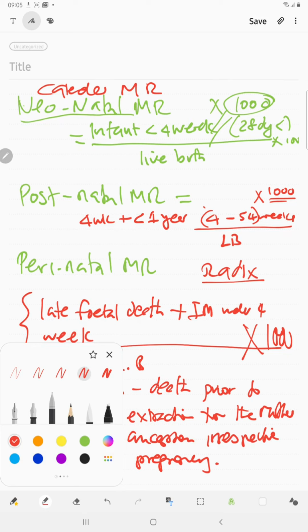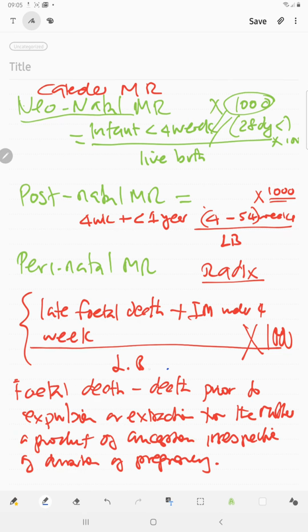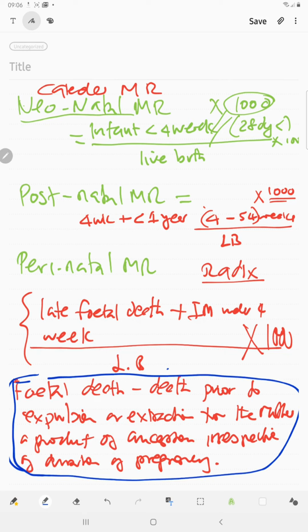So when that happens, we call that a fetal death. It means death prior to expulsion from the mother of a product of conception, irrespective of the duration of the pregnancy. That defines fetal death.